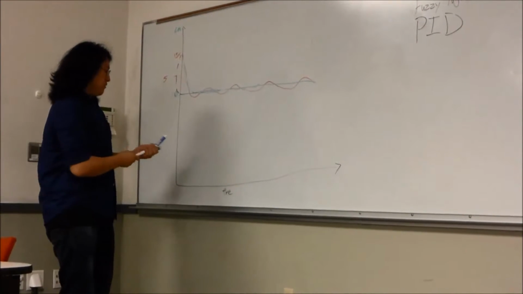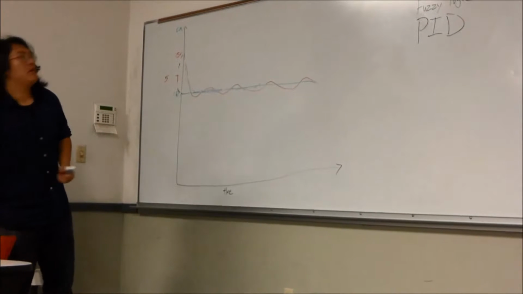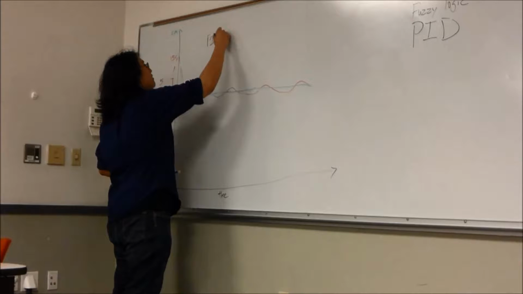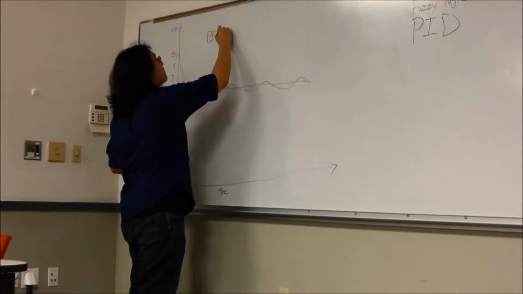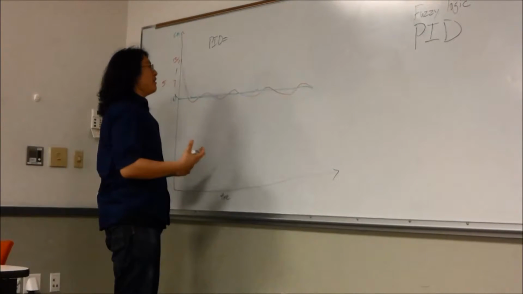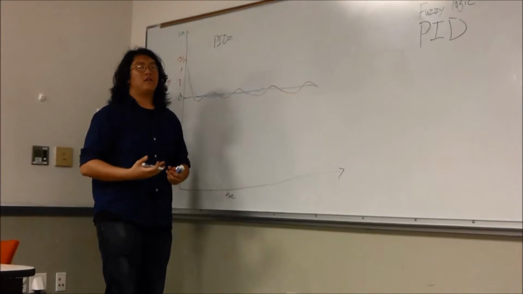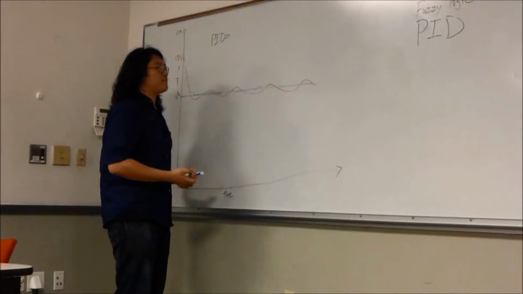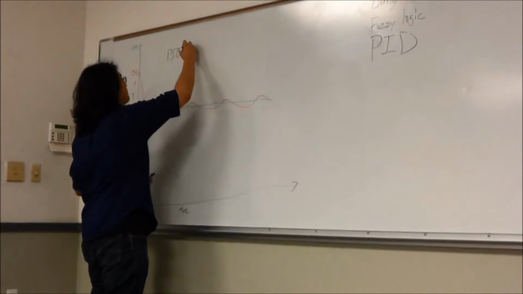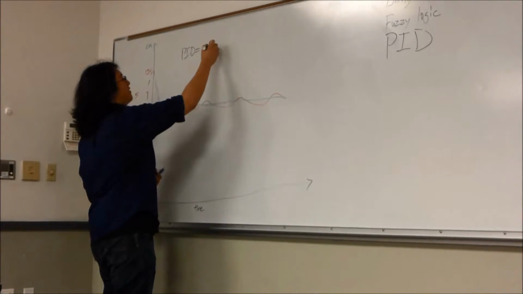The general equation for a PID controller will look something like this. By the way, this is PID on an error of your system, which later on I'll move into other things you can add to this.